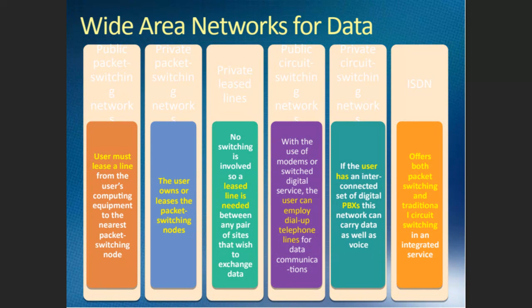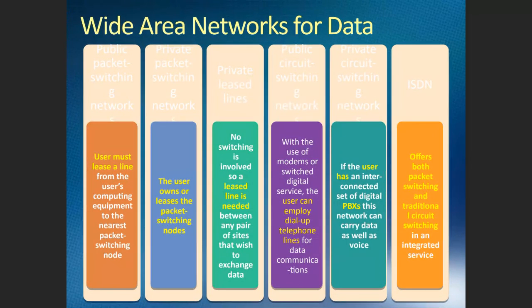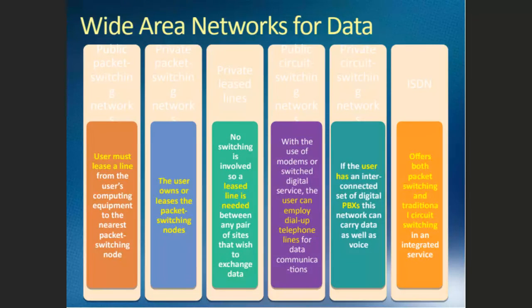Voice over IP is the transmission of speech across an IP-based network. IP-based is packet switching. It works by encoding voice information into digital format and then carrying it over the IP network. The advantages of VoIP, of course, is that it's cheaper.